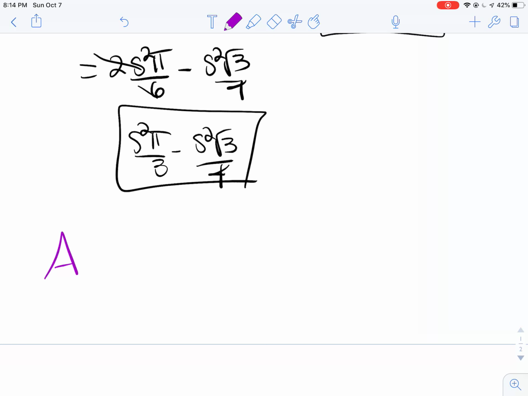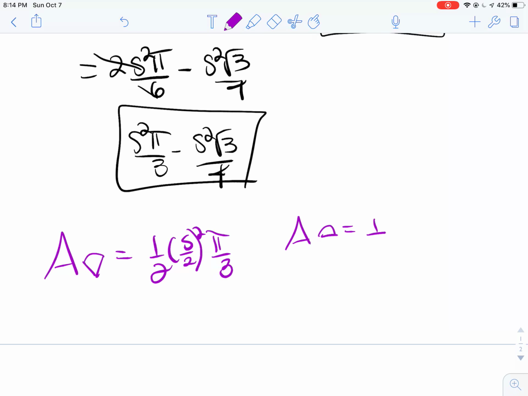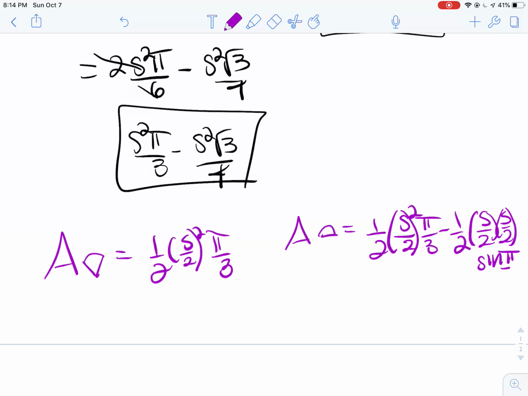So the area of one of those sectors is 1/2 r squared theta, and the area of just the segment is going to be 1/2 r squared theta minus 1/2 ab sine theta.